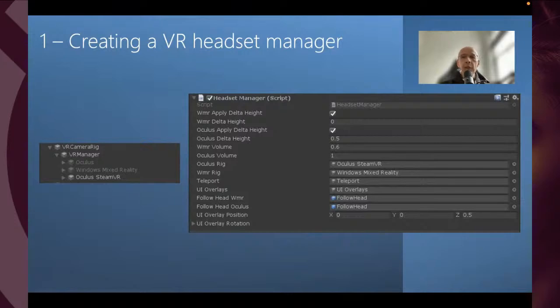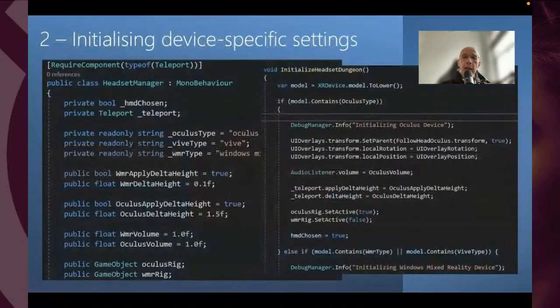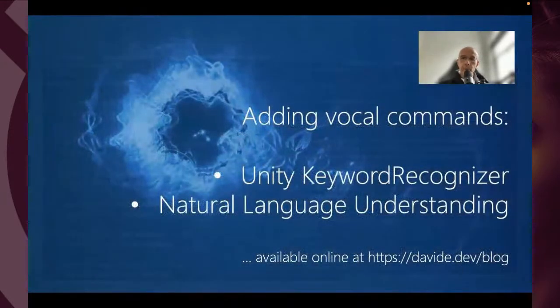So by creating a VR headset manager, we can map the different camera rigs for the different headsets and apply different properties. And in code it can be realized very quickly by the XR device API that are available in Unity. We can verify which type of device our experience is running on, and then set or not some parameters depending on it. So very simple, very easy, but very useful.